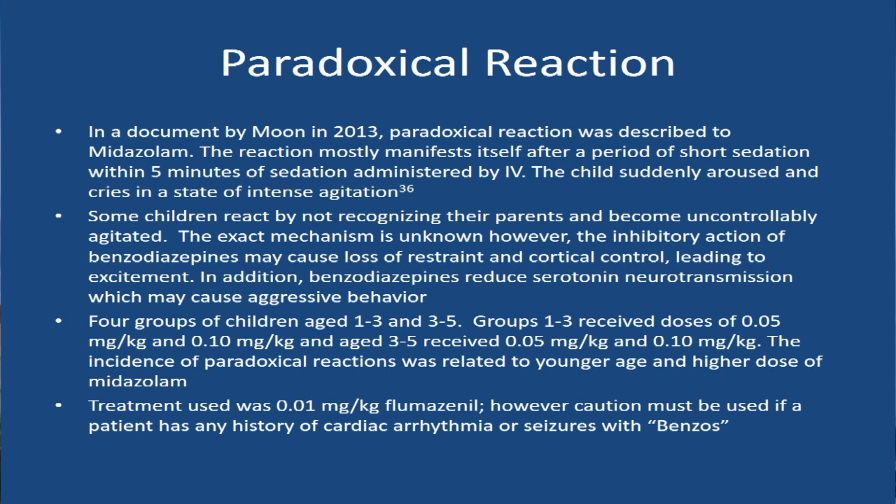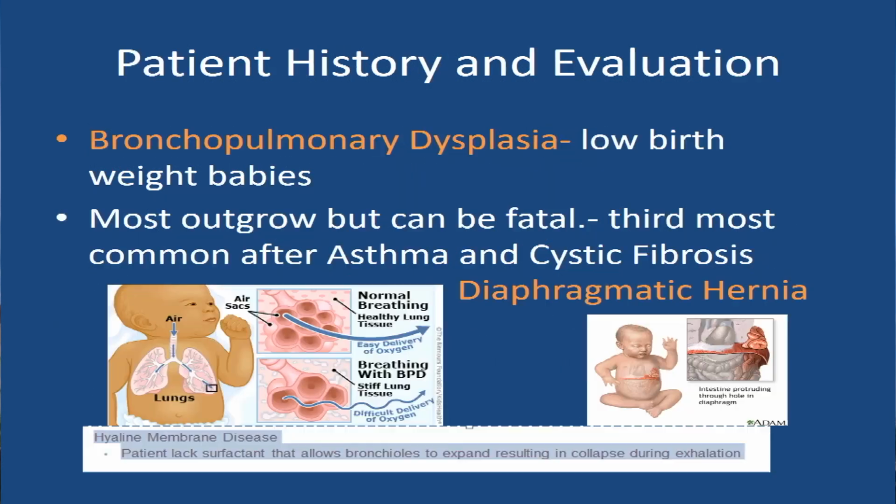The incidence of paradoxical reactions was related to younger age and higher dose of midazolam, and treatment used was 0.1 milligrams per kilogram of flumazenil. However, caution must be used if the patient has any history of cardiac arrhythmias or seizures with benzodiazepine, because this will eliminate some of the treatment for the benzos.